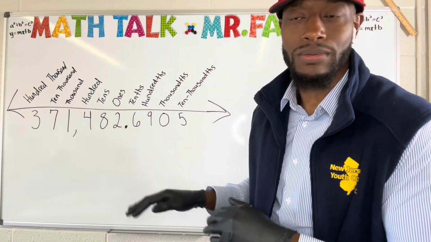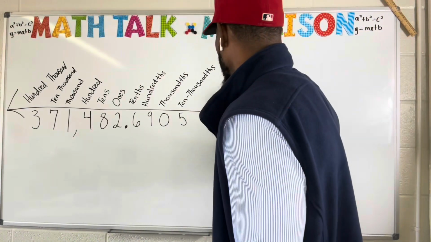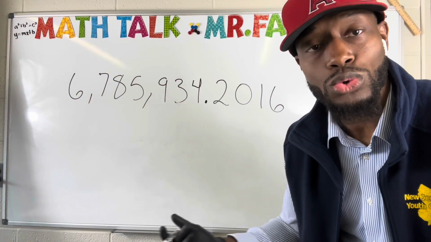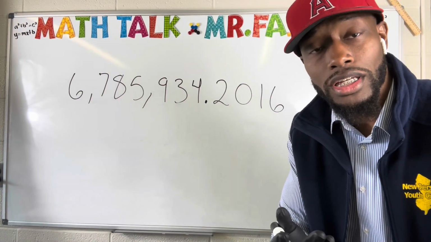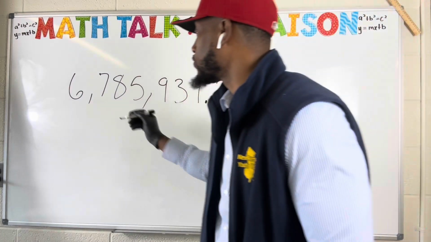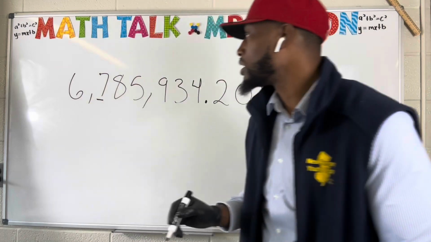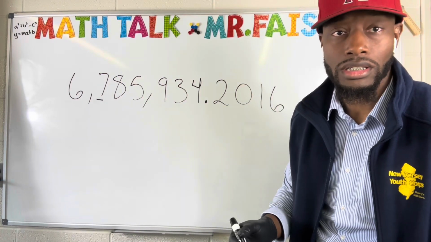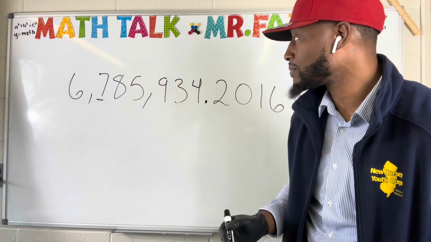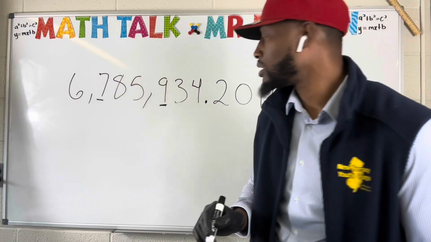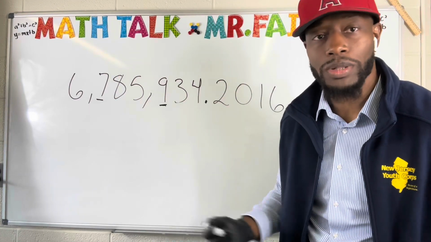All right, so we got a number up here. I'm gonna go through the numbers and you can pause it and try to figure out the placement. Let's start with 7. That's going to be in the 100,000s place. The 9 is going to be in your hundreds place.